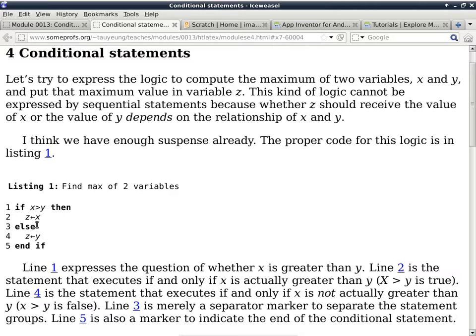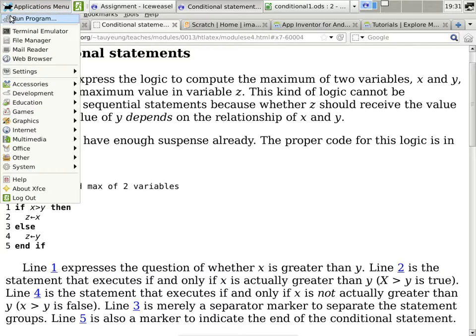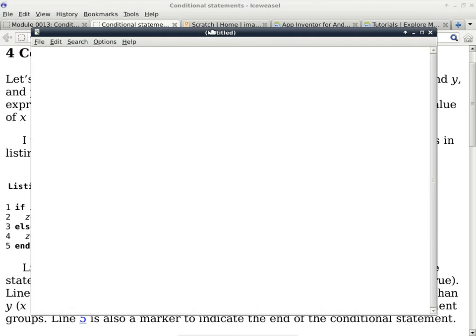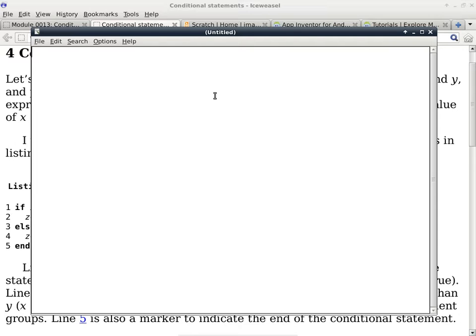And by the way, how do you express the fact that z is the maximum of x and y? I just want you guys to think about it for now because we will talk about it much later. So in English, we say z is the maximum of x and y.